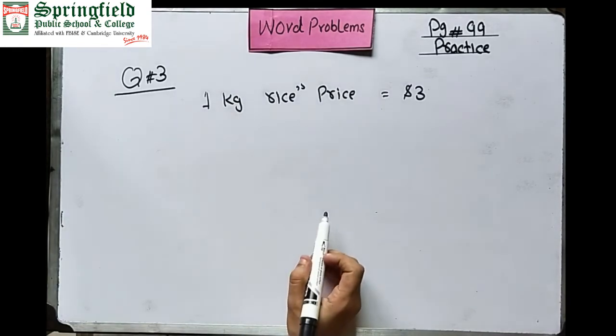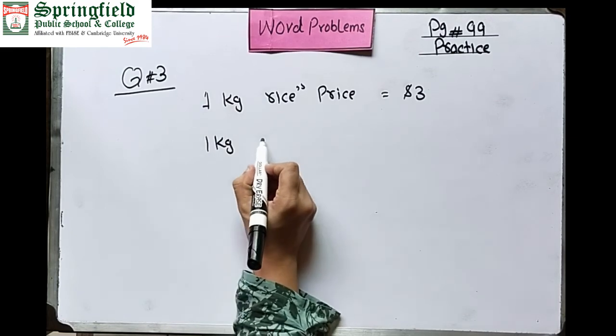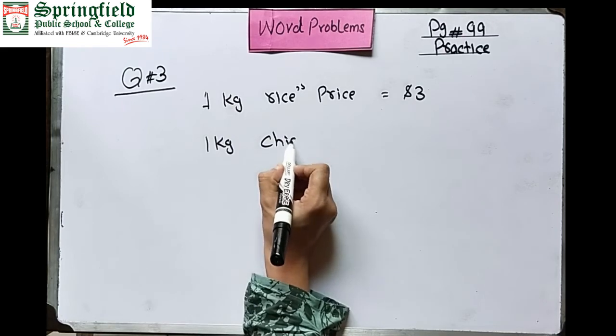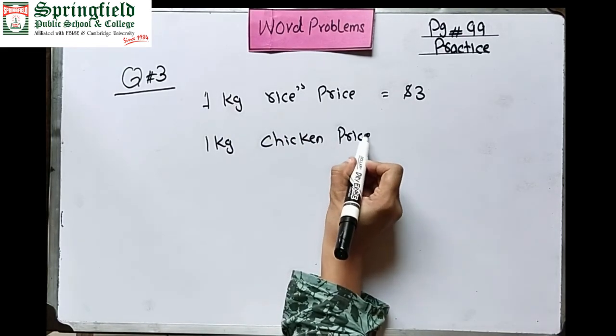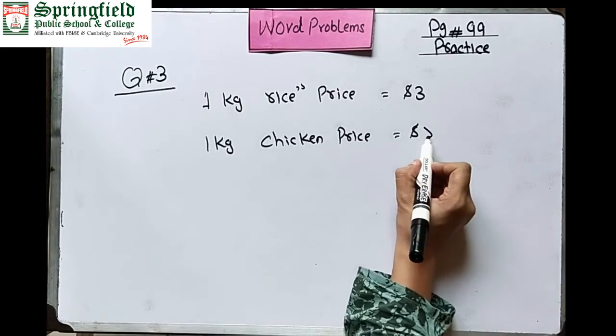Okay, beta, 1 kg rice price is equal to this one, and 1 kg chicken price is equal to $8.